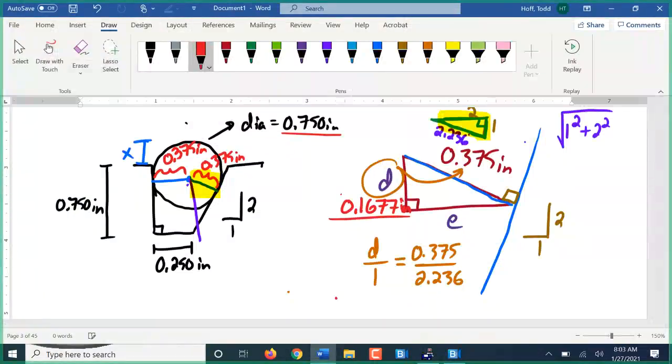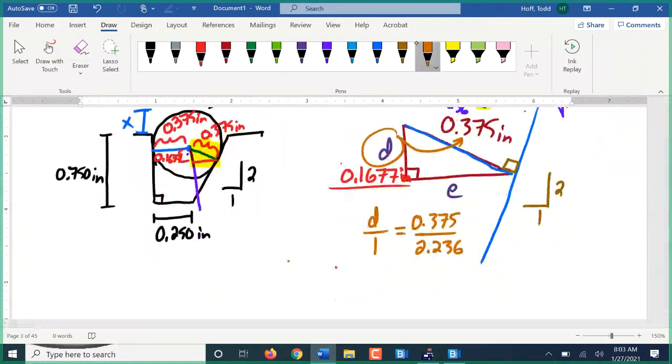That dimension, over here, that's saying this is 0.1677. We're going to have to redraw that whole thing a little bit bigger. E then is going to be found.